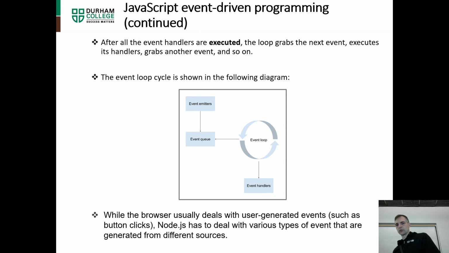So here's how NodeJS works. You have these event emitters, right? And these event emitters are things like listeners, right? Like before, we listen for a button click, we listen for a page to load, we listen for something to happen. It raises an event, and then it shuffles that message into the event queue, and there's something called an event loop that basically is listening for any kind of events to happen.